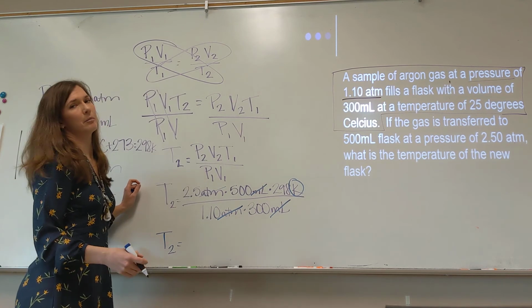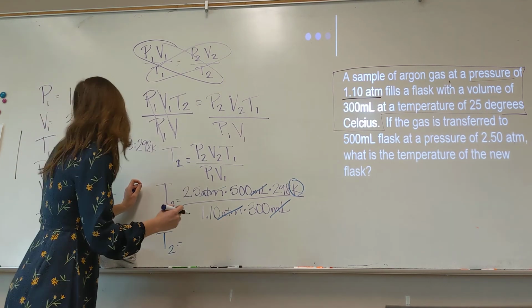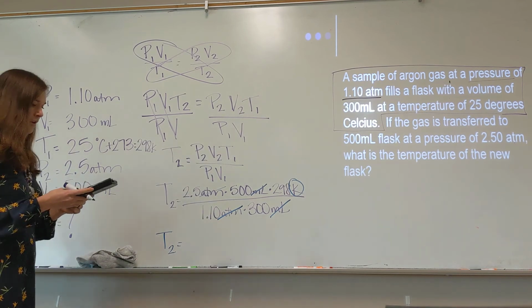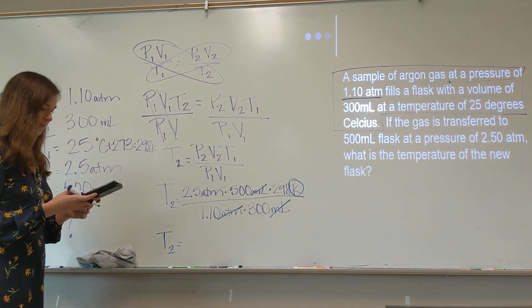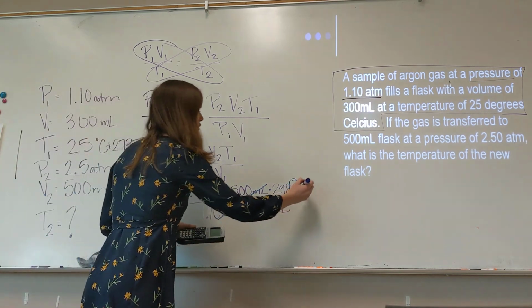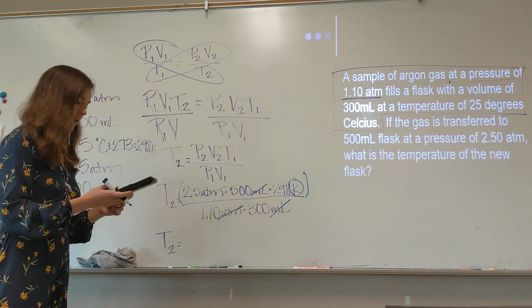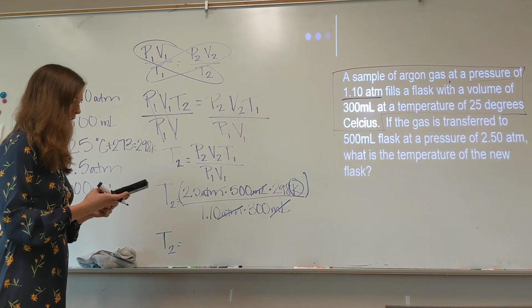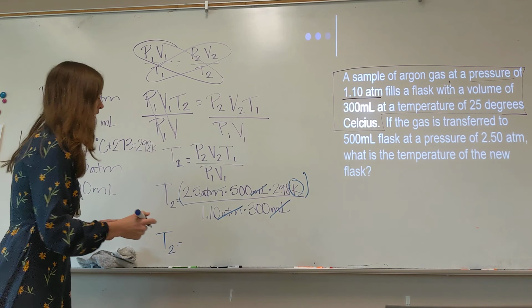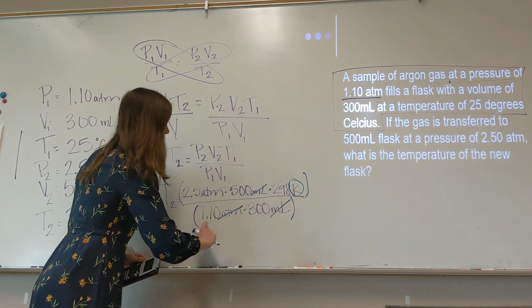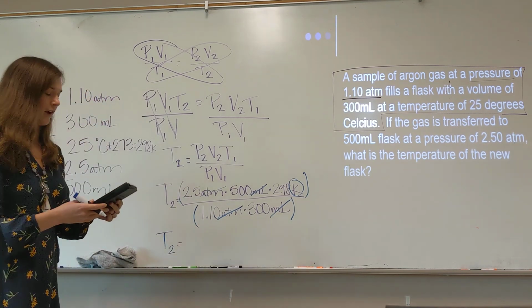And now I can plug into my calculator and see what I get. So just like the last problem, I'm going to do my 2.5 multiplied by 500 multiplied by 298, and then I'm going to divide that whole thing by 1.1 multiplied by 300.